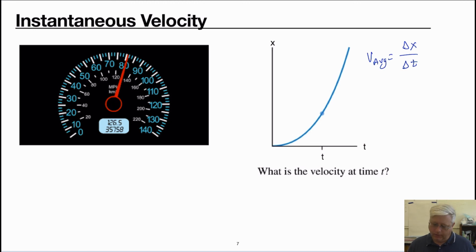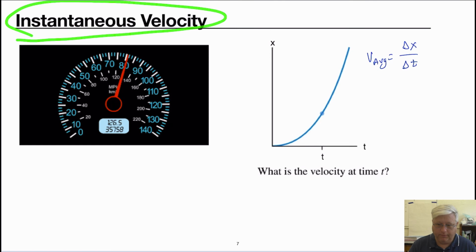Okay, and so if we look at this region, the smaller and smaller that the time interval gets, the better the approximation will actually be to what the speed is at that one point. Okay, and the speed at just one point, one instant in time, we call this instantaneous velocity.